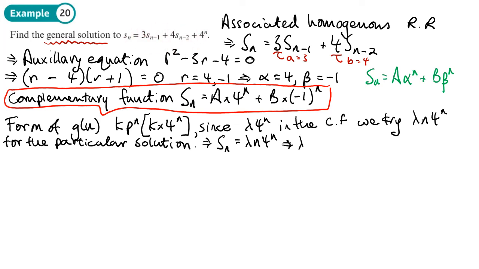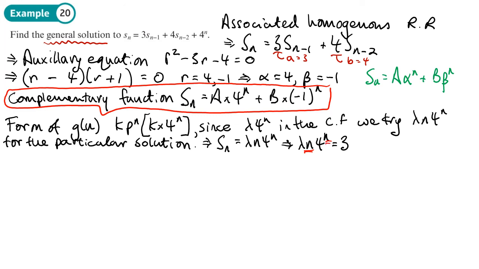So we'll have lambda n times 4 to the n equals, now it's 3 times S(n-1). So everywhere I have n is going to become n minus 1, so you need to take care when we write this out.